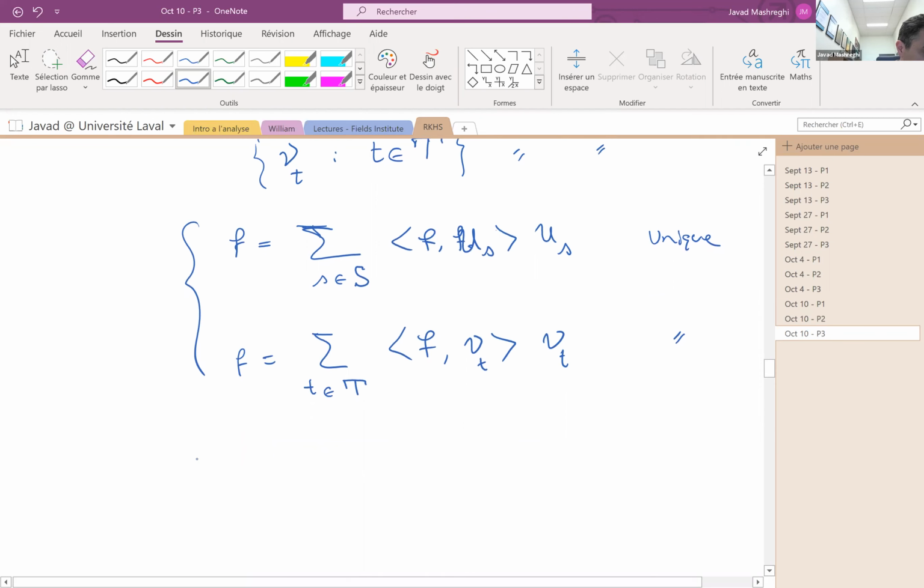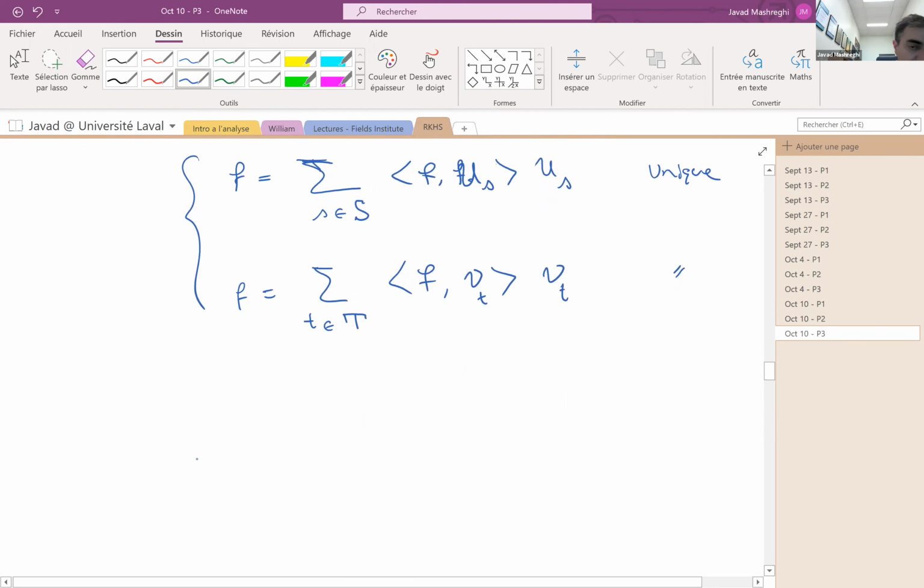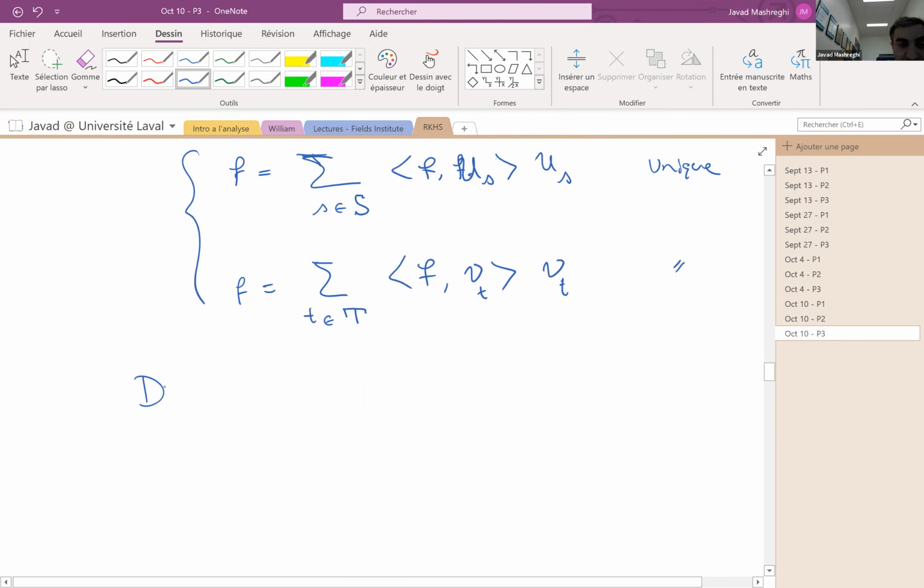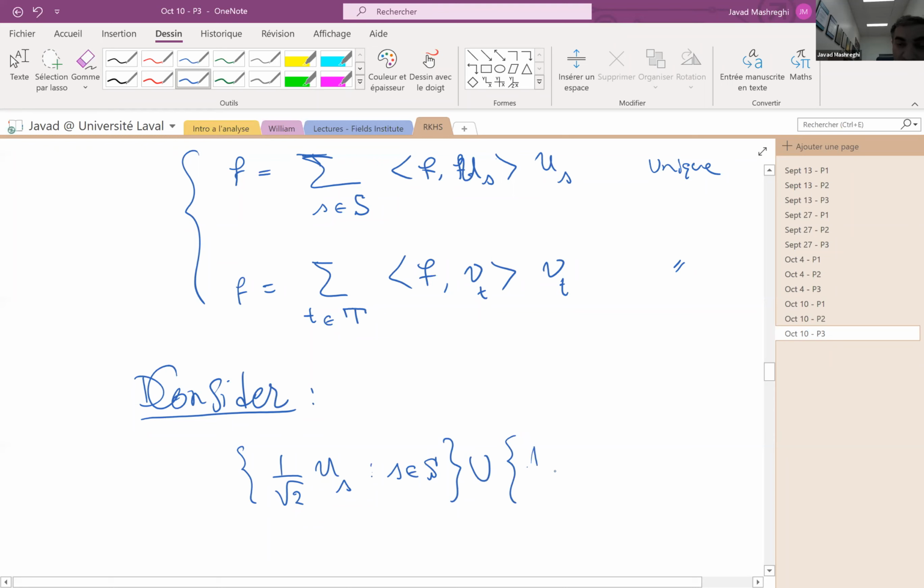Now consider this setting: the set of 1 over root 2 U_s, s in S, union 1 over root 2 V_t.